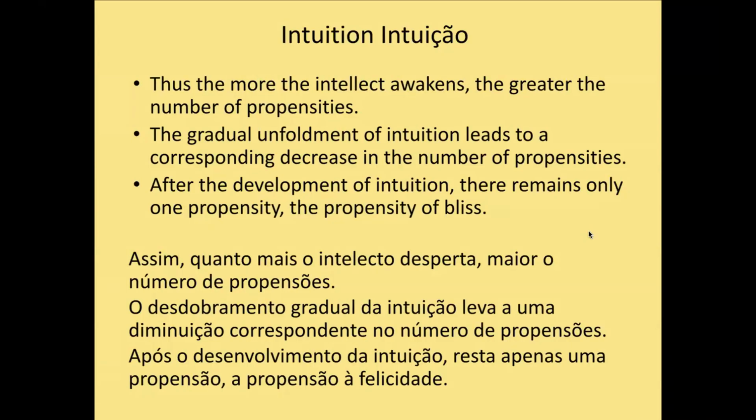So what happens is the more the intellect awakens, the greater the number of propensities. The intellectual approach to life creates more and more propensities. The gradual unfoldment of intuition leads to a corresponding decrease in the number of propensities.